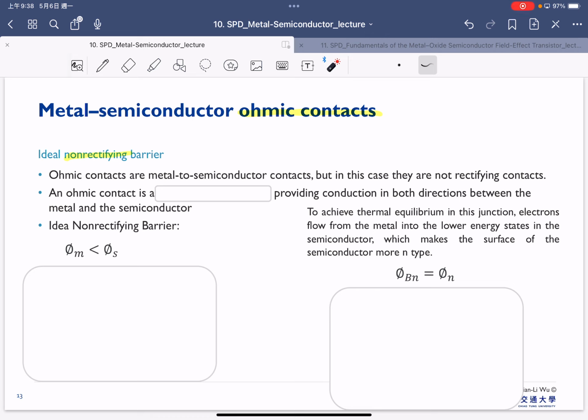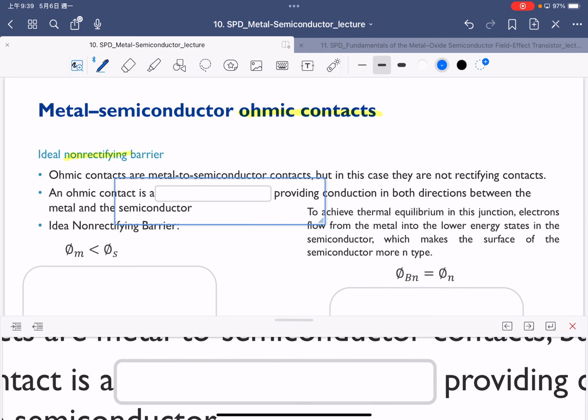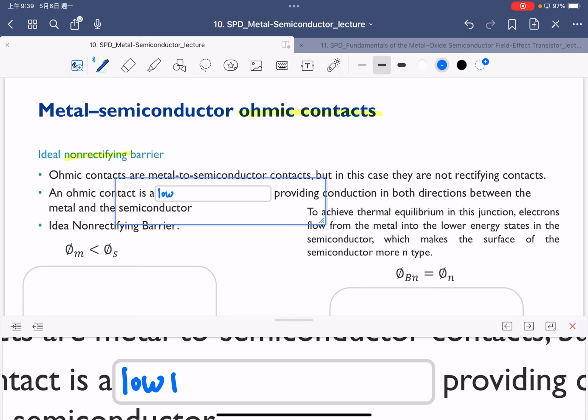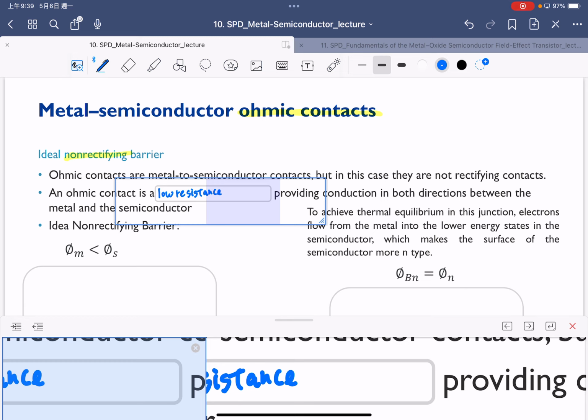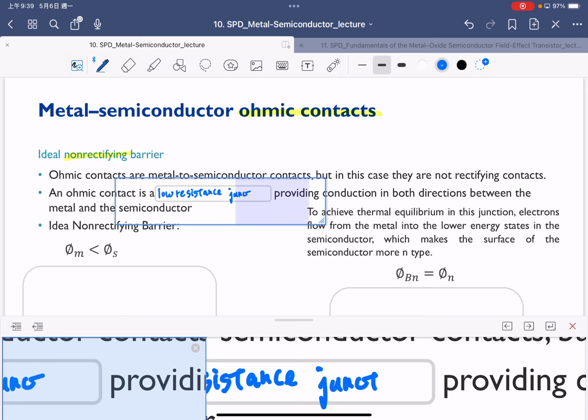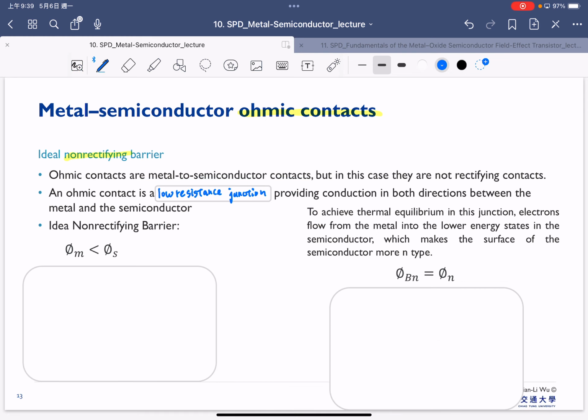An ohmic contact is a low resistance junction, providing conduction in both directions between the metal and the semiconductor.